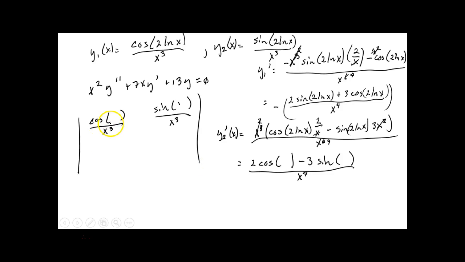Your second row is your first derivatives, which is, I'm going to go back and put the signs in, minus 2 sine of that thing minus 3 cosine of that thing over x cubed. And the second one, y2 prime, is 2 cosine of that thing minus 3 sine of that thing, I'm outside my bars here, over x cubed.